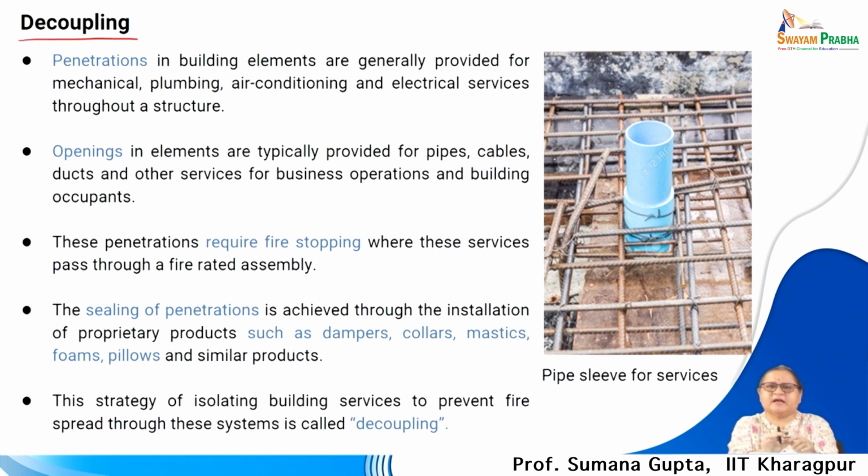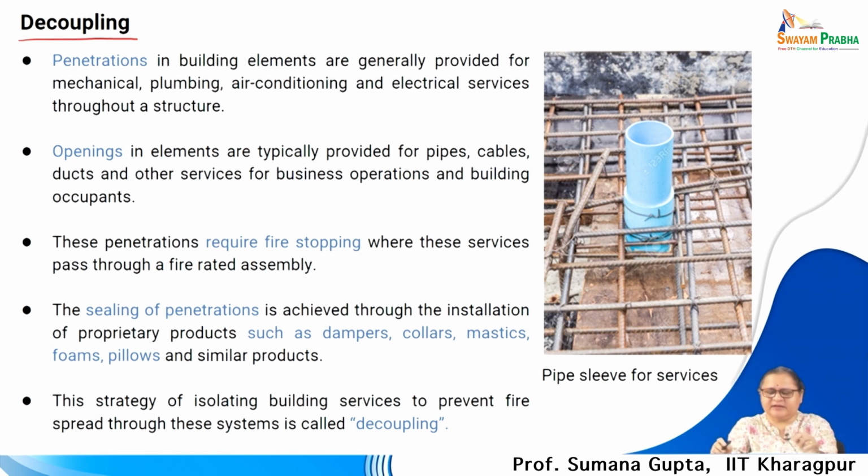So, all these are routes which are embedded through the walls or through the gaps between the slabs or in the false ceiling. So, penetrations, openings other than doors and windows, which we can see, there are several penetrations and openings within a building, and the sealing of these becomes mandatory.